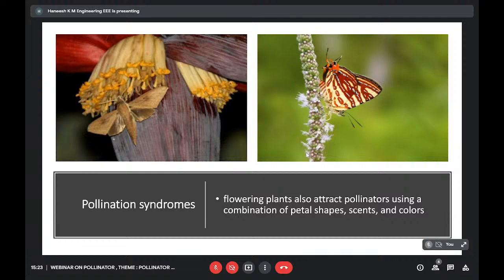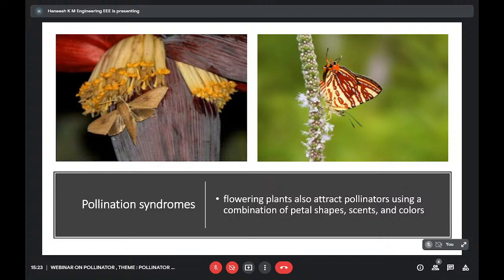Basically all these things are to attract the pollinators. The pollinators, or the insects, are basically looking for nectar or some food. These flowers have evolved in such a way that they try to attract the pollinators.